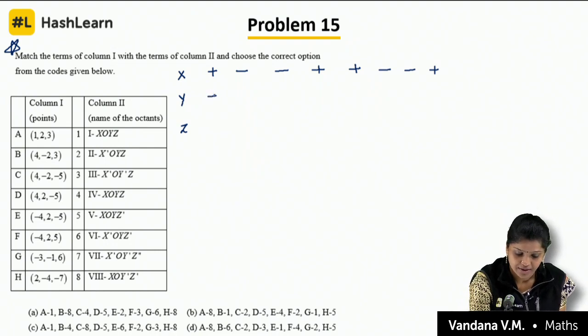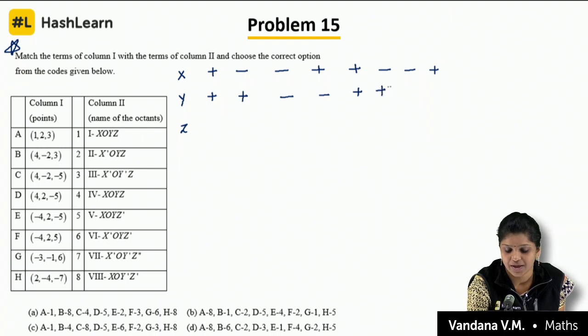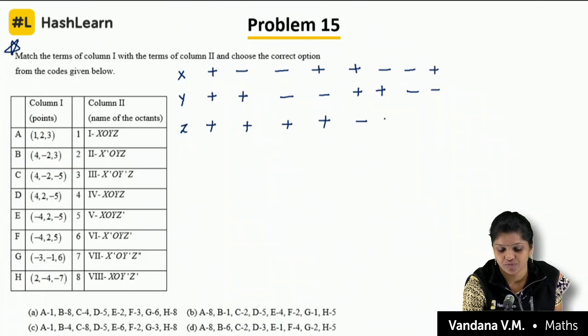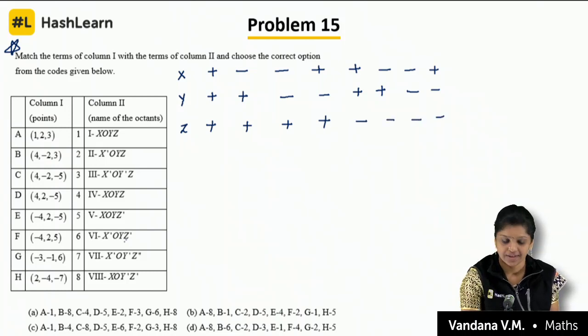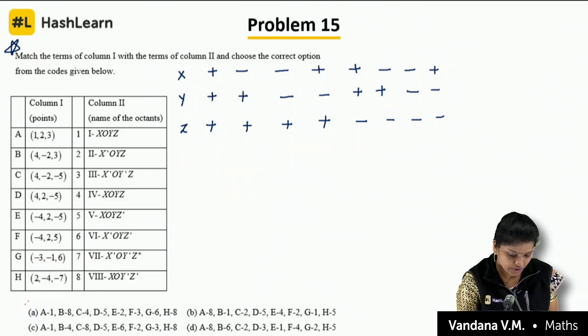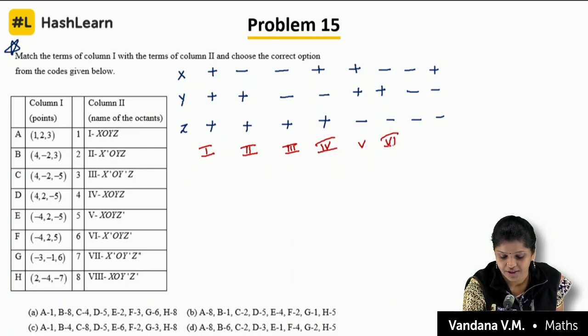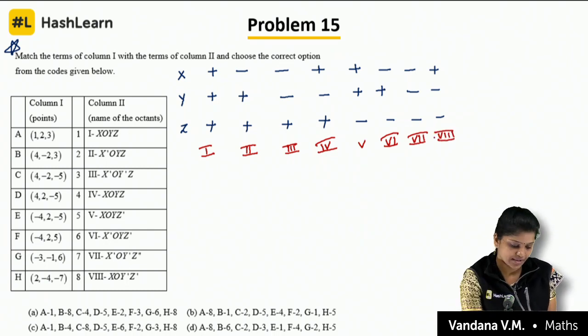Next one, y: plus plus, minus minus, plus plus, minus minus. Z, how will you write? First 4 is plus and next 4 is minus. So, which octants? First, second, third, fourth, fifth, sixth, seventh and eighth. Now, it is easy to say the answer.